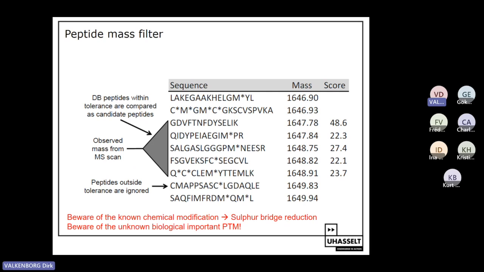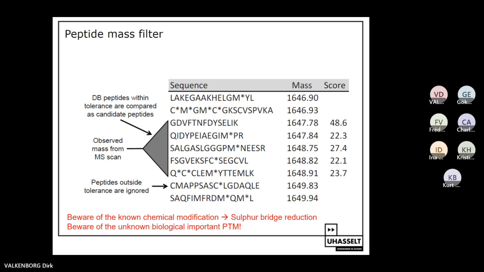Given the error tolerance of our mass spectrometer, we can ask the computer to give us all the peptides back of that parent mass, plus or minus this error tolerance, and then we will have a limited list of candidate peptides that we need to consider for the tandem MS spectrum.